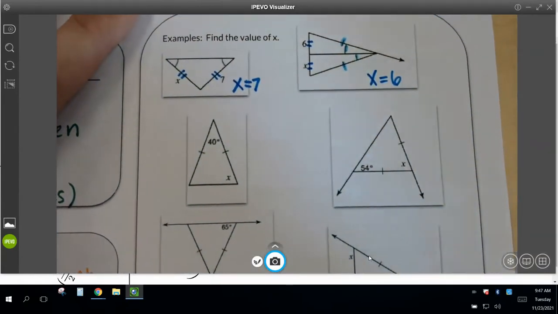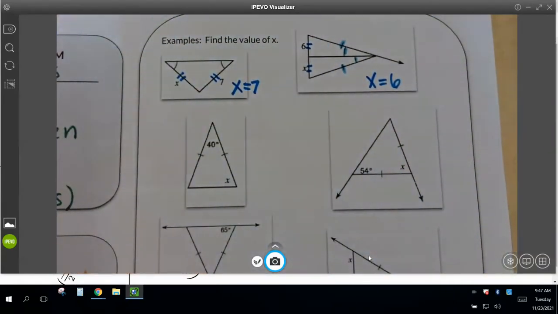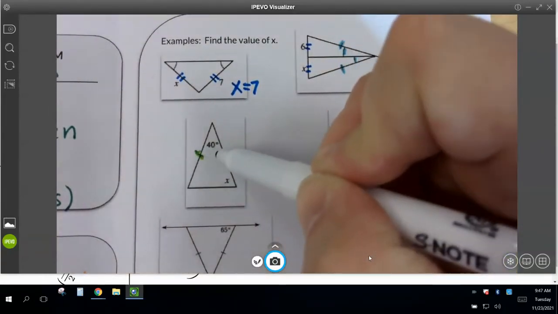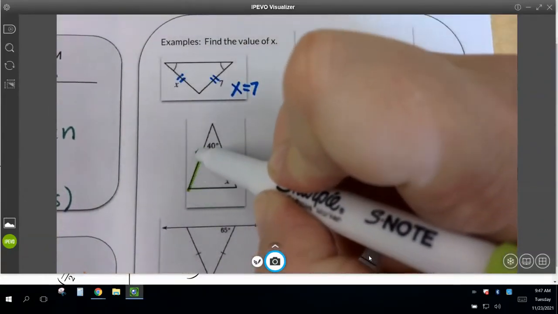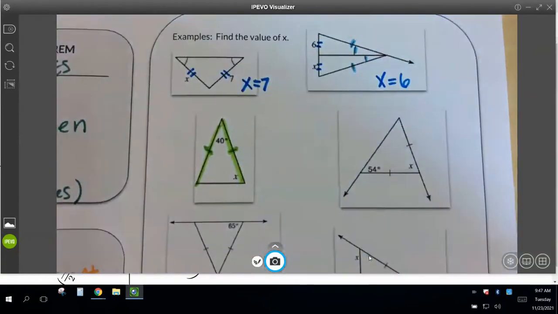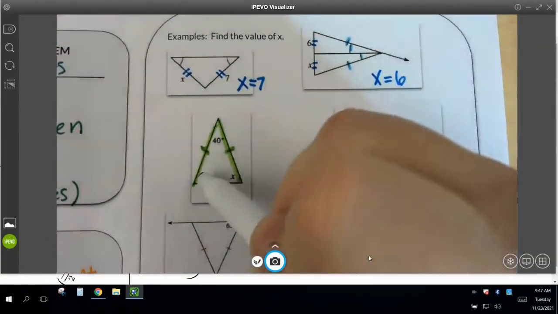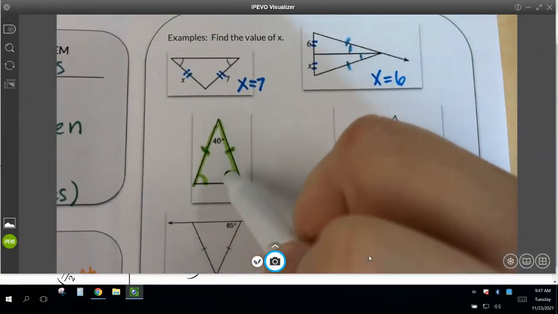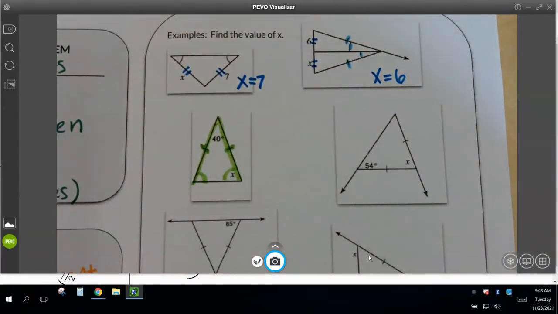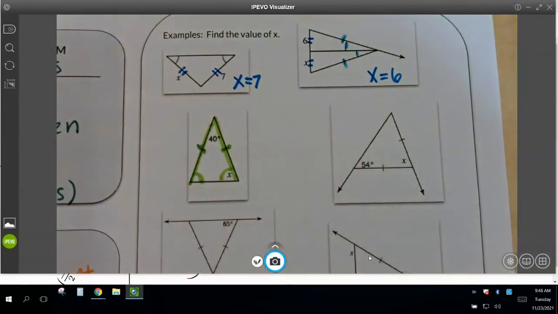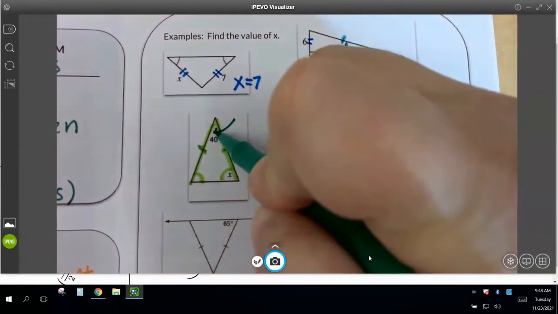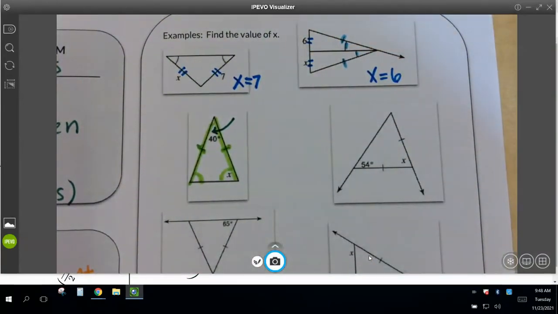All right, let's look at the next row. What we are given, you should see these little markings. Again, that means that this side and this side are the same. That means that this angle down here and this angle down here have to be the same as well. And one of those is what x is equal to. So we know the vertex angle is equal to 40 degrees.